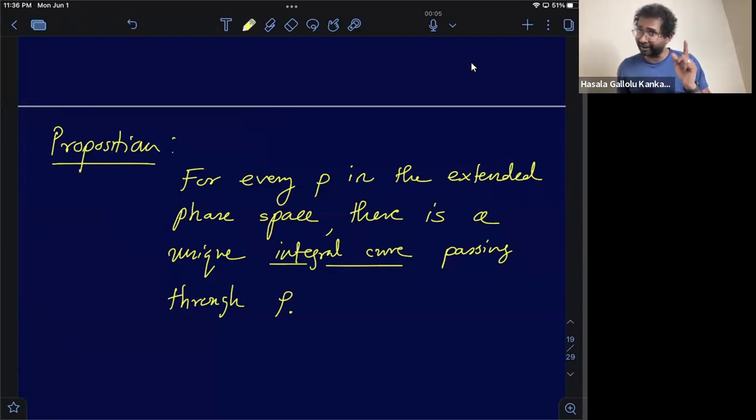Under those assumptions, what we are talking about is this integral curve. We defined it just a couple of minutes ago, and it lives in the extended phase space, which was also defined a couple of minutes ago, but the whole thing is defined upon our abstractly defined dynamical system.